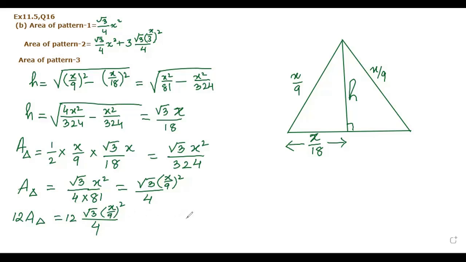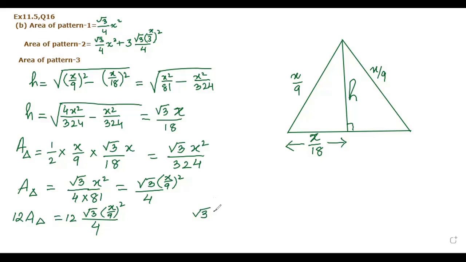So now the area of pattern 3 will be equal to, I'm writing here, because pattern 3 includes all the triangles: the white equilateral triangle, then 3 red equilateral triangles, then 12 black equilateral triangles.